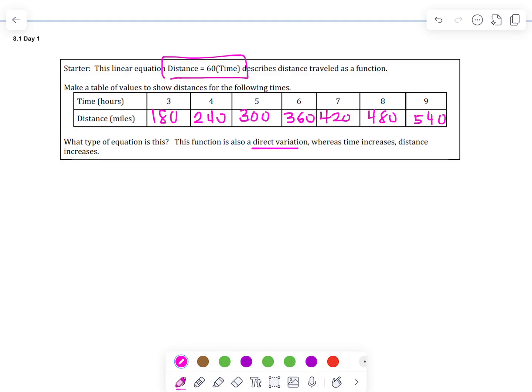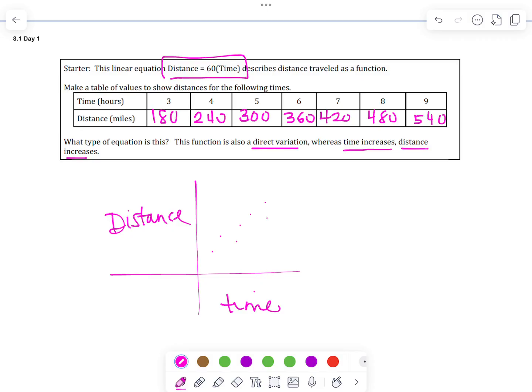Notice as the time increases, so does the distance. So both of these are increasing. If we were to graph this on a coordinate plane, the time would be your x-axis and the distance would be your y-axis. And then these ordered pairs are going up like that, creating this nice line.